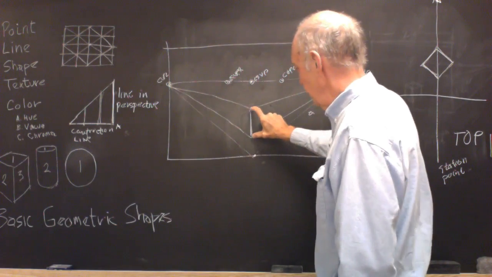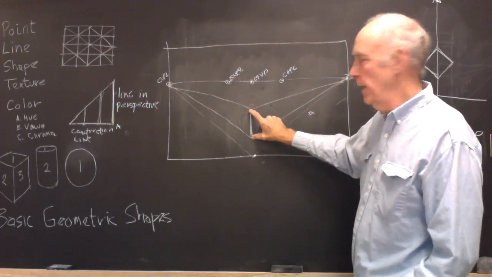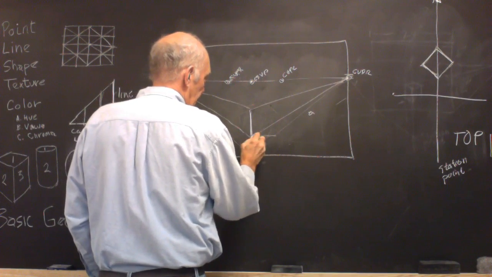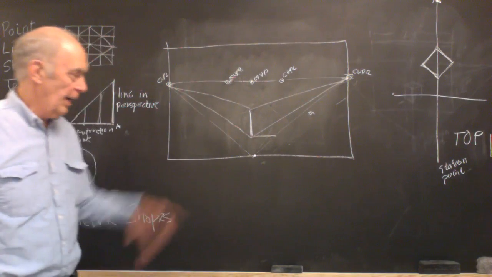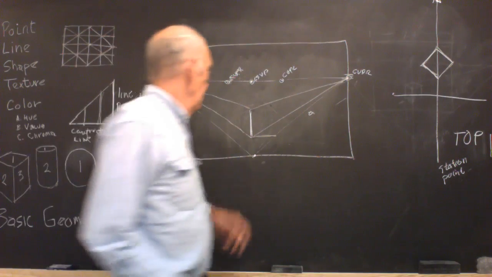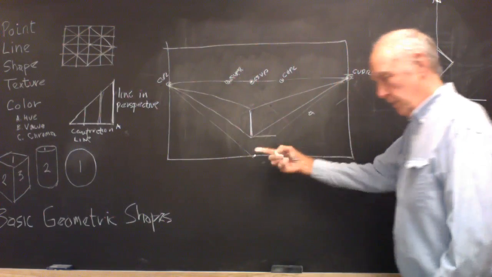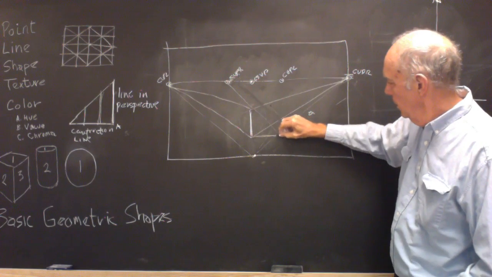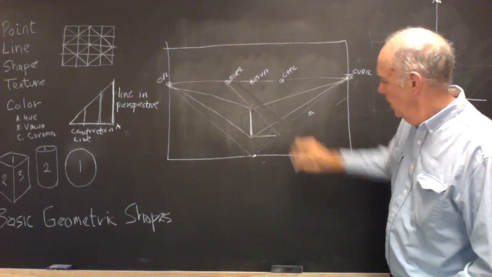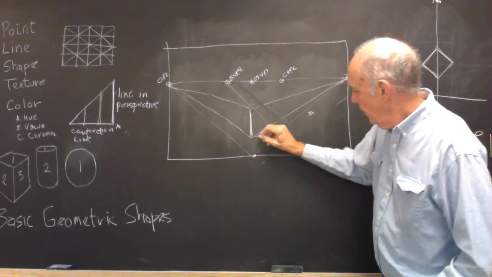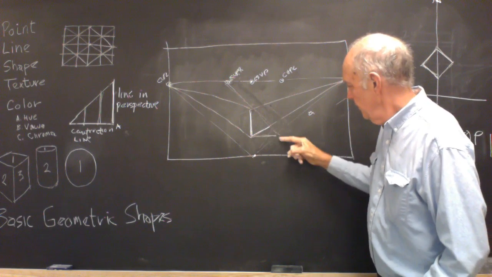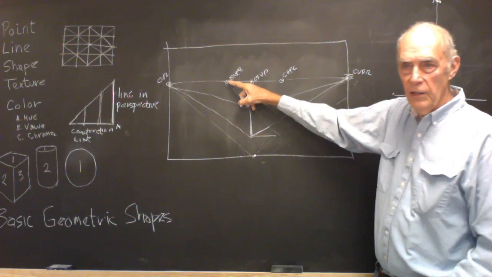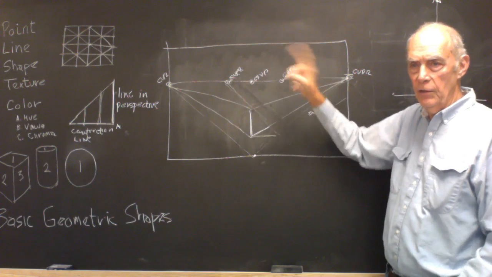Now, if I take this vertical measurement, and lay it horizontal to the bottom picture point, and I go from here, this is to the right, to this construction vanishing point over here, this line right here is the same length as this line right here, using this construction vanishing point. That's the geometry of it. You don't have to understand it, it just works.